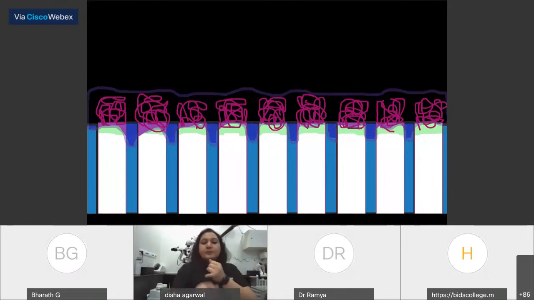Now, when I say OptiBond FL, okay, OptiBond FL has a bond which has filler in it. FL stands for filler. So we etched it, then we applied the prime, which was hydrophilic monomers, and then we applied a bond. In all my cases, you remember, I was applying a thin layer of resin coating.